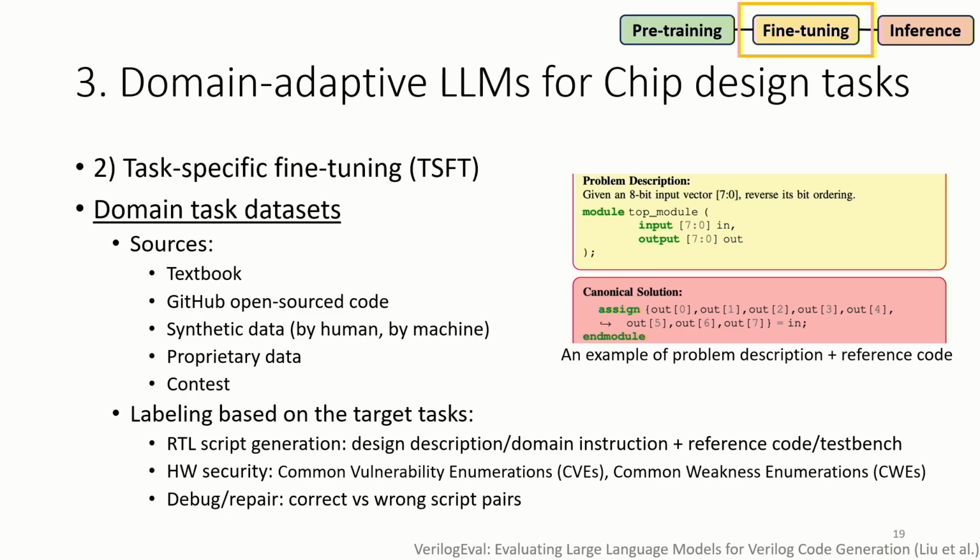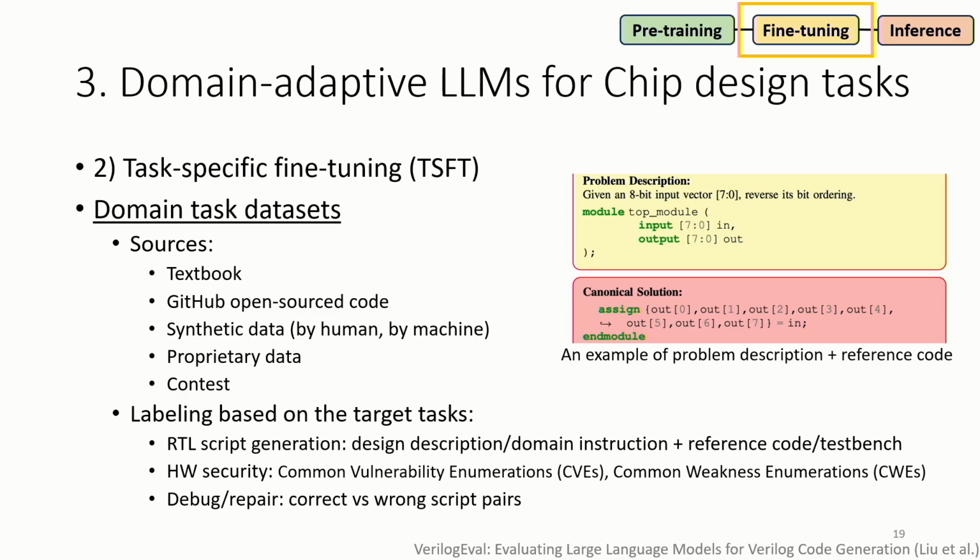Taking the example of RTL script generation, the input will be the design description or some domain instructions. How you inform your model is that you can either provide some reference code or you can provide the test benches, so it can collect some test pass rates to fine-tune the model.